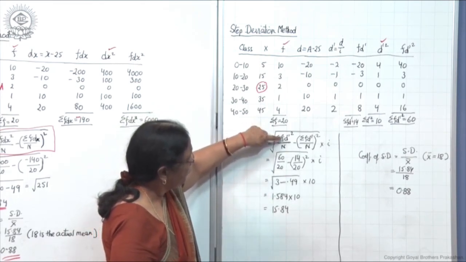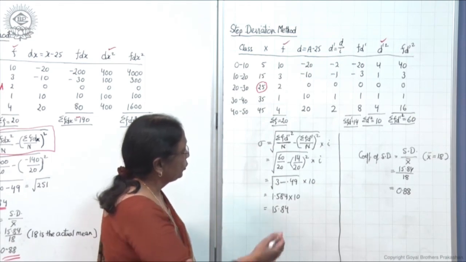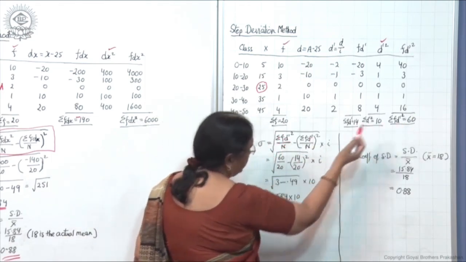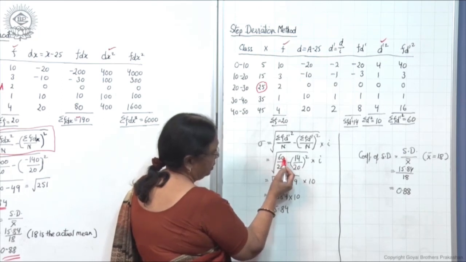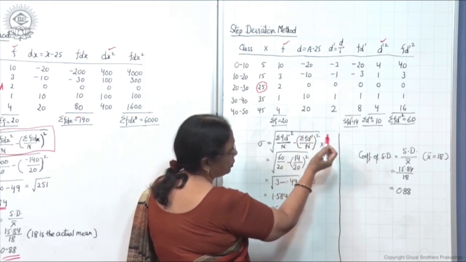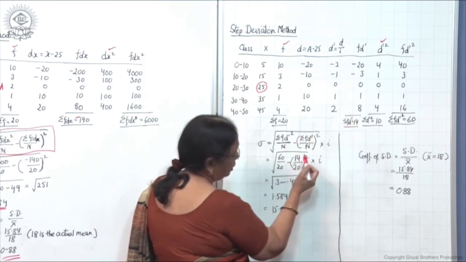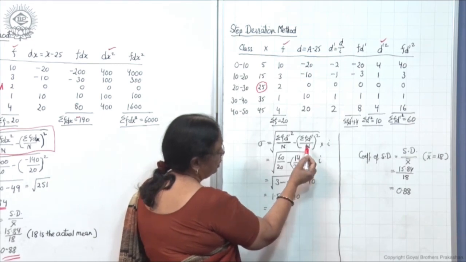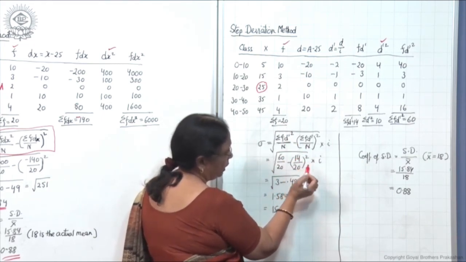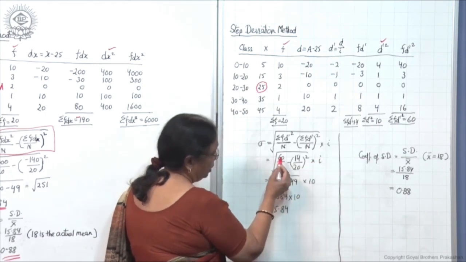Sigma f d dash square is 60, so write down 60 here. N is 20. Minus sigma f d dash, how much? Sigma f d dash is 14, write down 14 here. N is again 20, write down 20 here, whole square, into I.